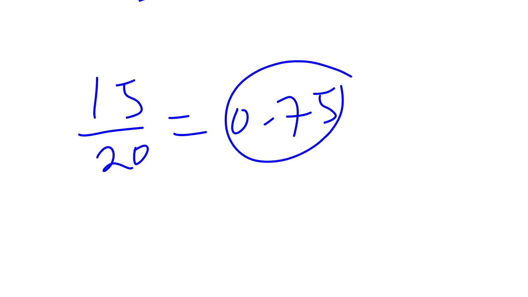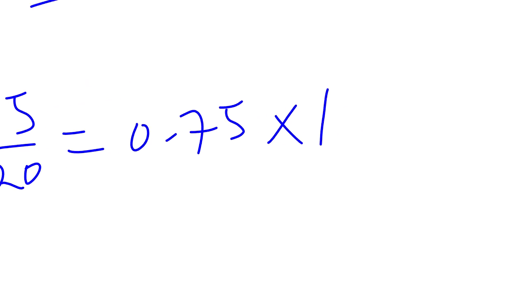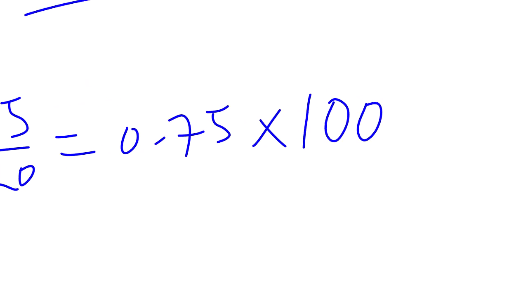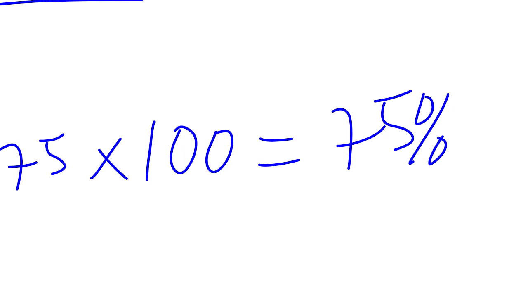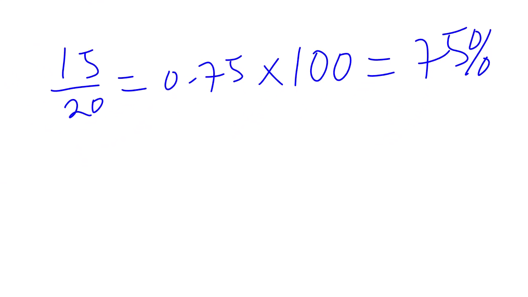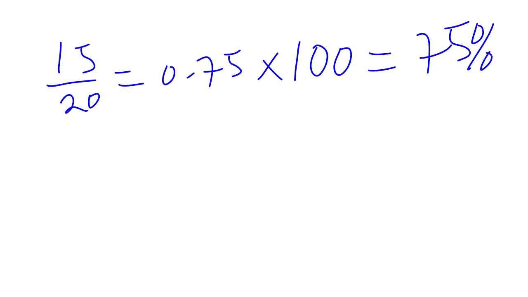And this, just by multiplying it by 100, will turn it into percentage. So if we multiply it by 100, it will become 75%. So percentage is just expressing fraction. You just use 100 to express fraction on the scale of 100.